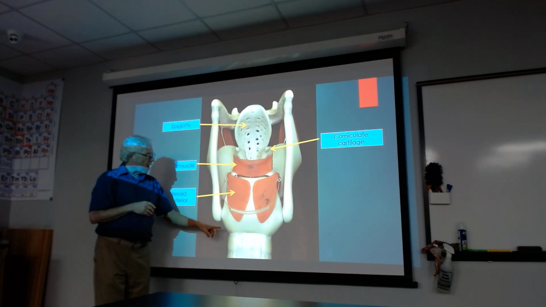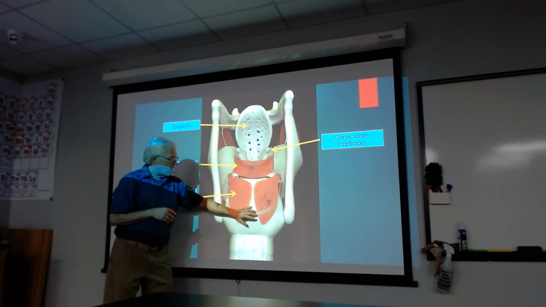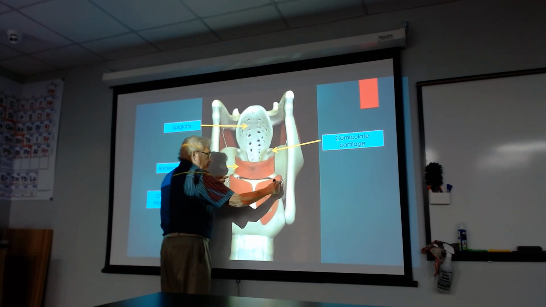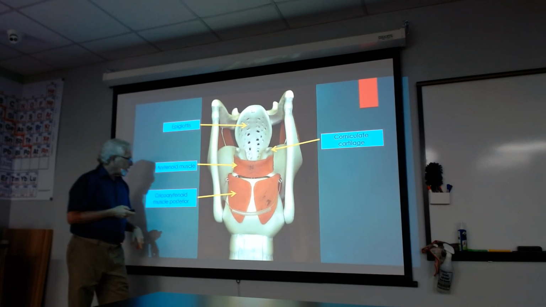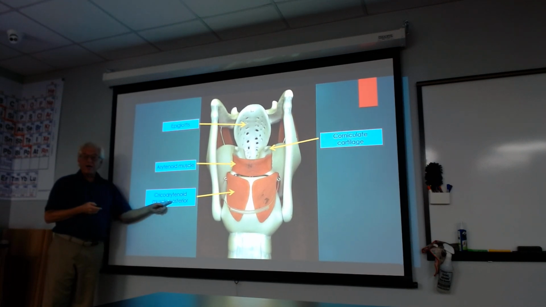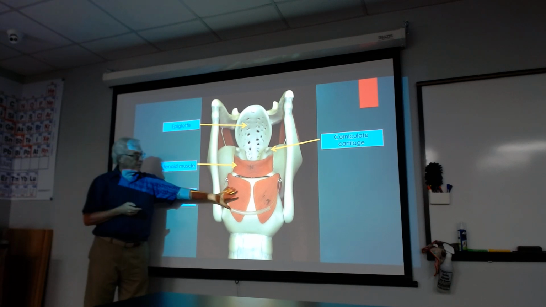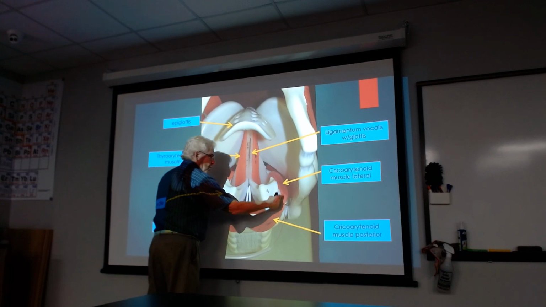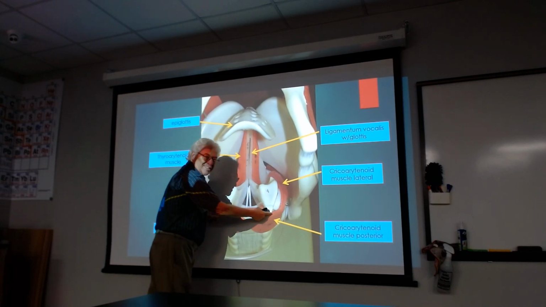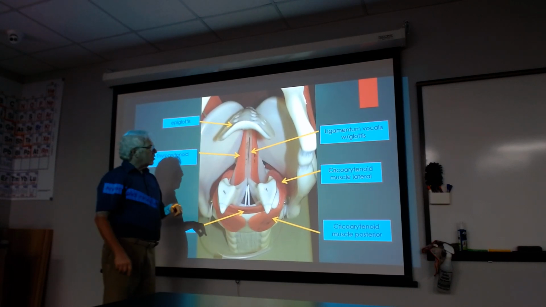But over here, I've got my cricoid going to my arytenoids. So this is cricoarytenoid. Got it? But cricoarytenoid what? Posterior. So you see most of it in the back. And then if we were to look down, that's your cricoarytenoid lateral. Make sense?